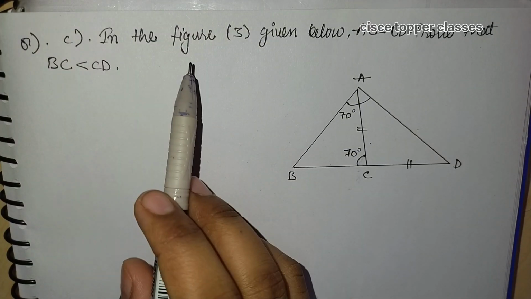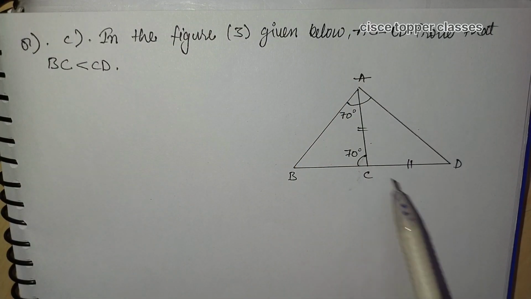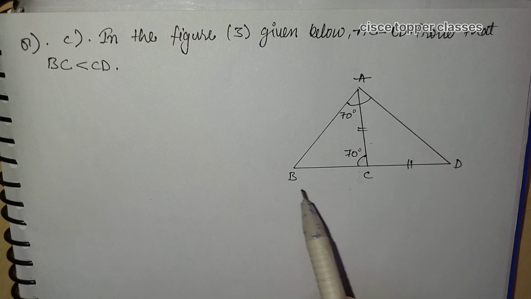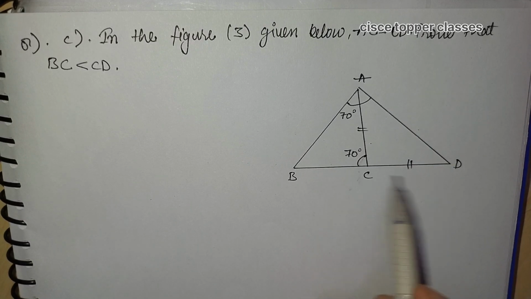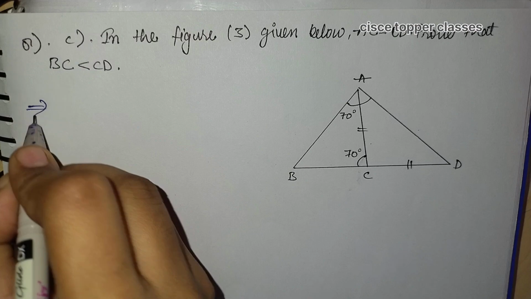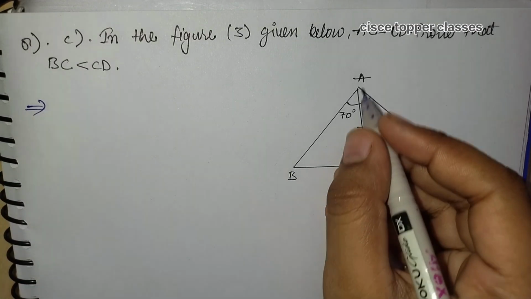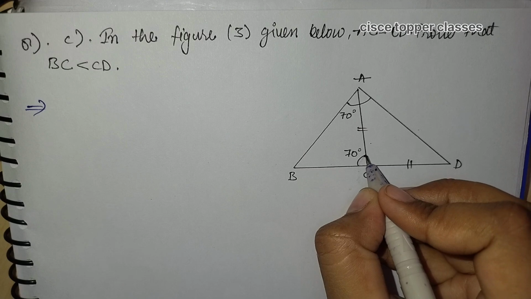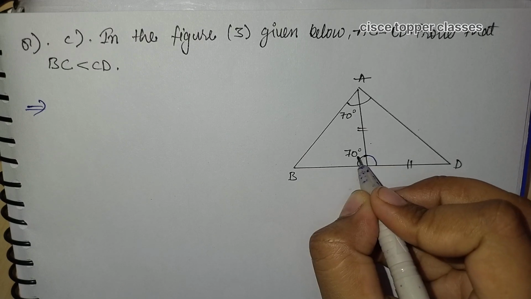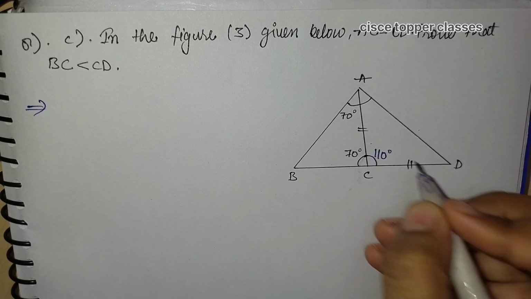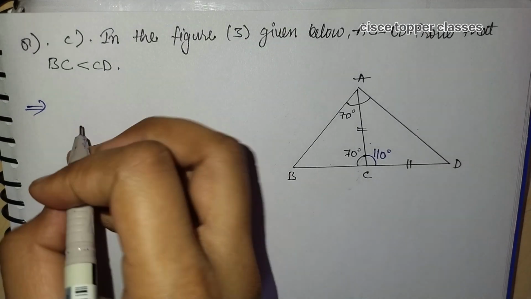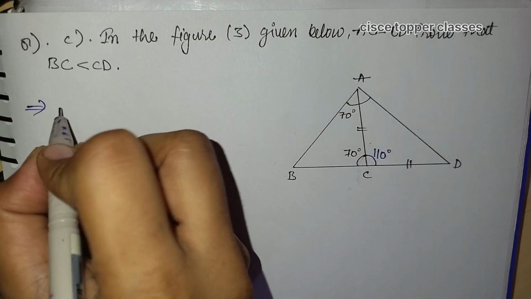Here in the third part we have AC is equal to CD. Then prove that BC is less than CD. So here also we can take this triangle ACD. From here this will be 180 minus 70 will be 110, and these two angles are equal. So simply we can find the value of these two angles.